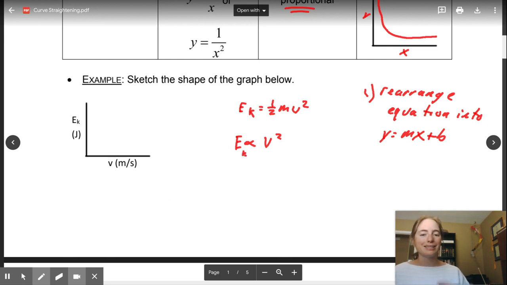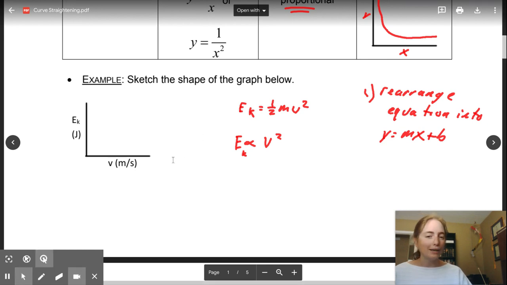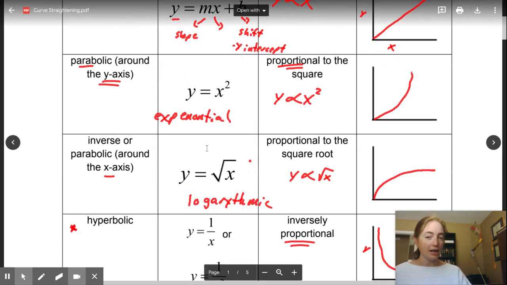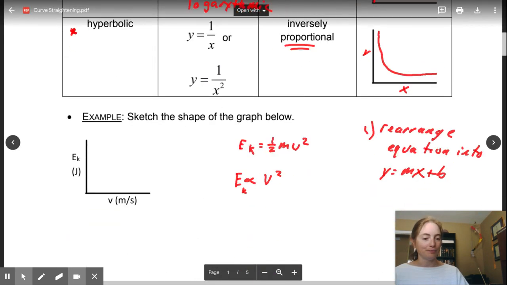If we're going to sketch the shape of this graph, we need to look up at our patterns. Look at this, it's going to be your parabolic pattern, around the y. So it's going to be an exponential pattern.